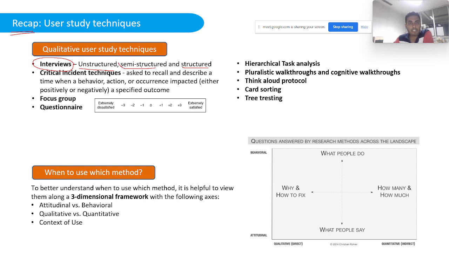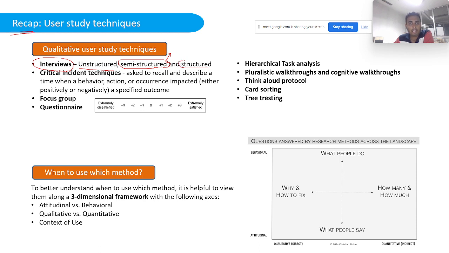Similarly, semi-structured interviews are those where we have a set of predefined interview questions. However, the scope of the interview extends beyond these initial questions. These are the questions which ignite the flow of conversation, and then depending upon where the conversation flows, we may ask a fresh set of questions.